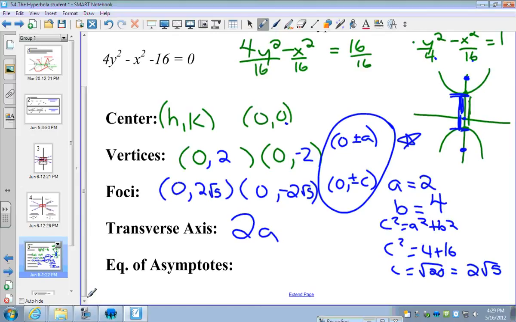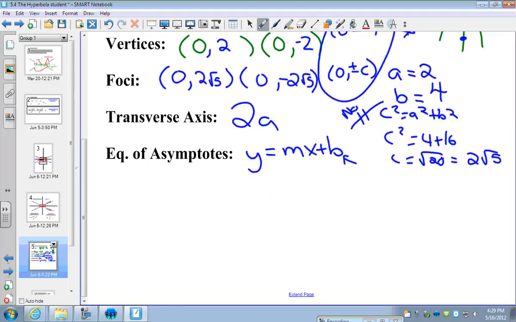Remember it was y equals mx plus b. b in this case is not this b. It means the y-intercept. So my m is going to be plus or minus a over b because of the type.